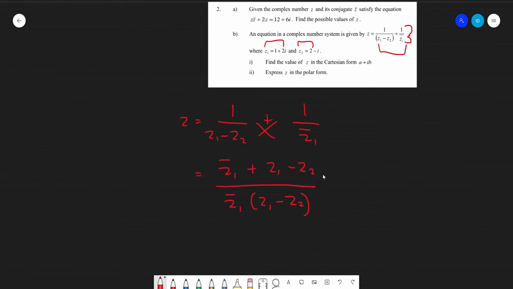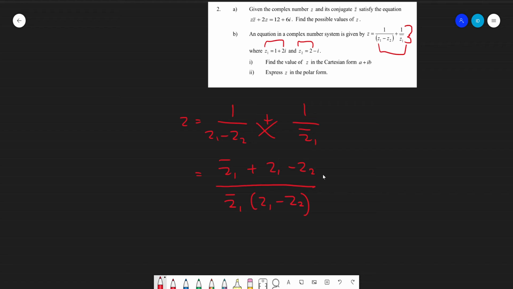So z1 bar is the conjugate of z1. Like I told you guys before, remember the conjugate: the real part doesn't change, but the imaginary part changes from a positive to a negative, or from a negative to a positive value.